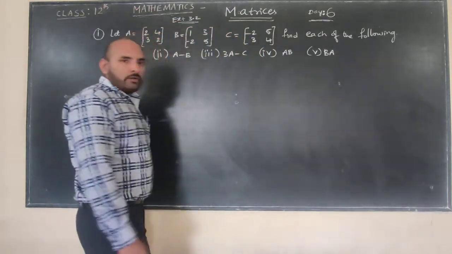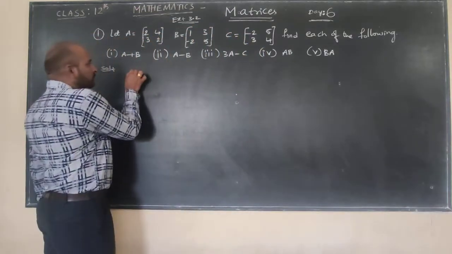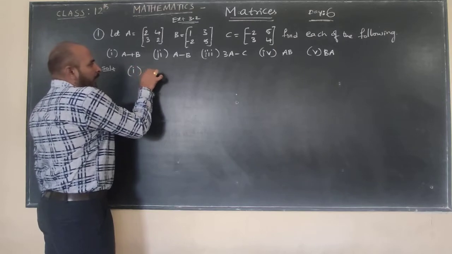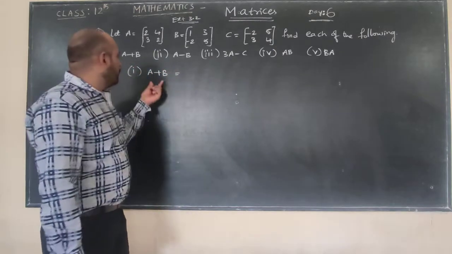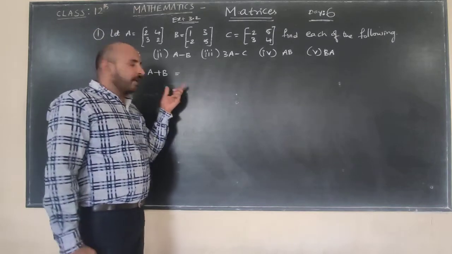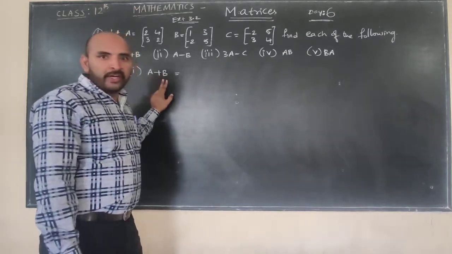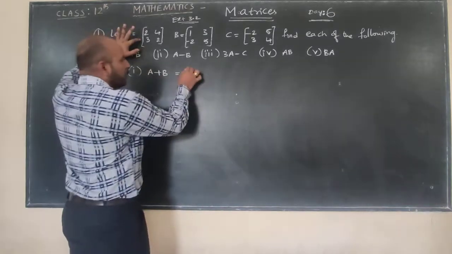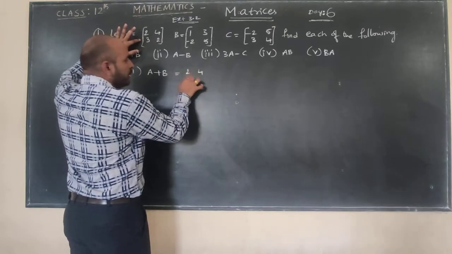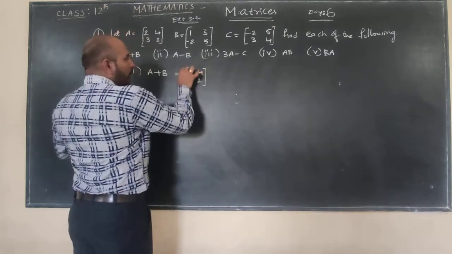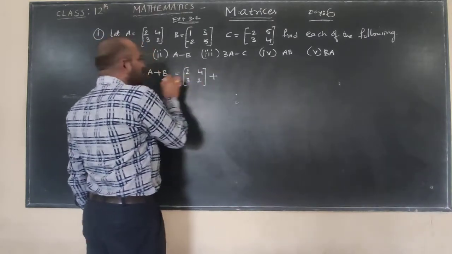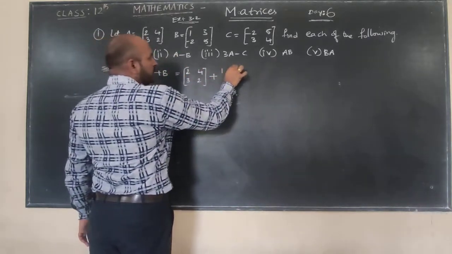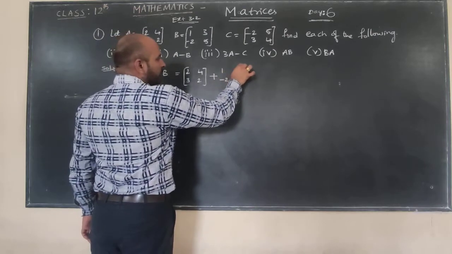Coming to the first one, A plus B equal to. Which is the operation here? Addition of two matrices. Capital A matrix is 2, 4, 3, 2, and we add B matrix 1, 3, minus 2, 5.